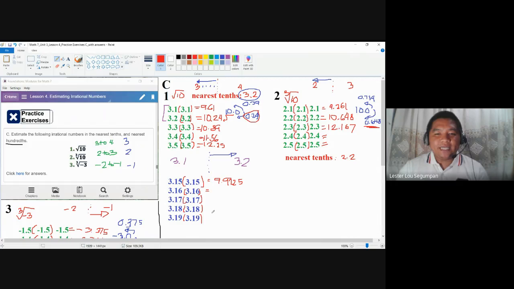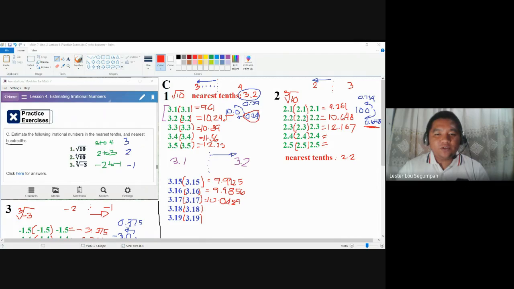For 3.16, again, you may use your calculators there. No worries for me because it will actually make our solutions easier. The answer for the next is 9.9856. Next is 3.17. 3.17 squared is 10.0489.